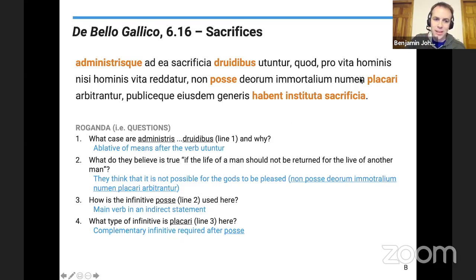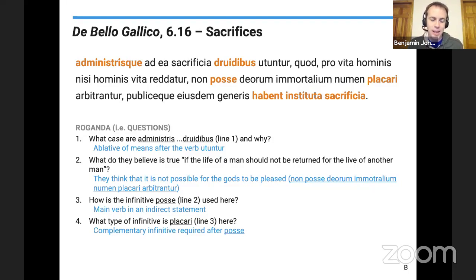So they believe that the gods would not be pleased unless the Gauls themselves are exchanging one human life in exchange for another life. So this is why someone who's maybe gravely ill or who is in a dangerous battle, there has to be a human life owed to the gods. And so if they're going to be saved, then someone else has to suffer for that.